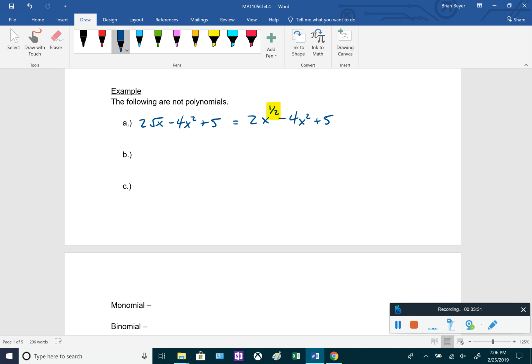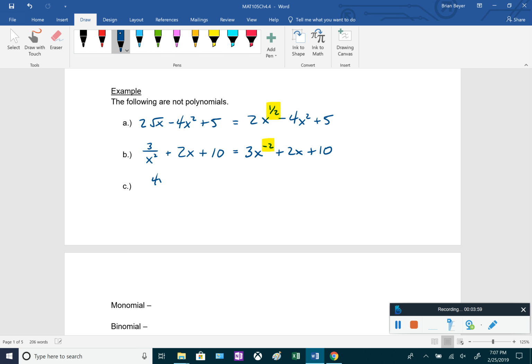It's not a positive whole number. Something like 3 over x squared plus 2x plus 10. We could rewrite that first term as 3x to the negative 2 by putting it in the numerator. And since that exponent is negative, that makes this whole expression not a polynomial.